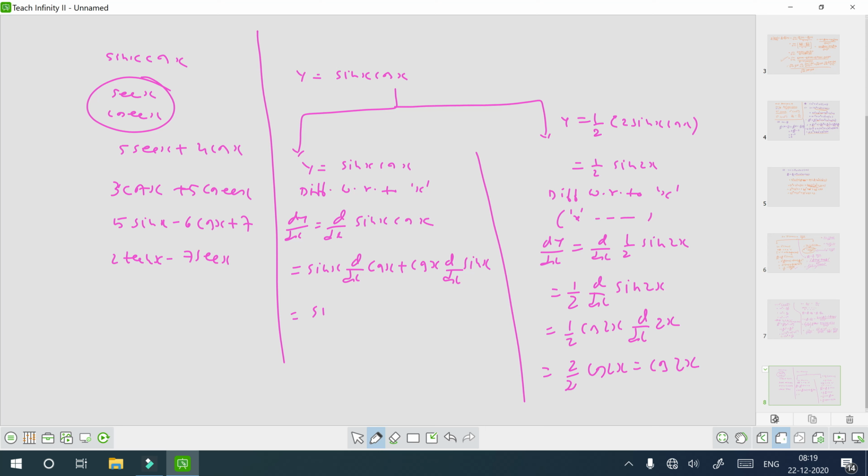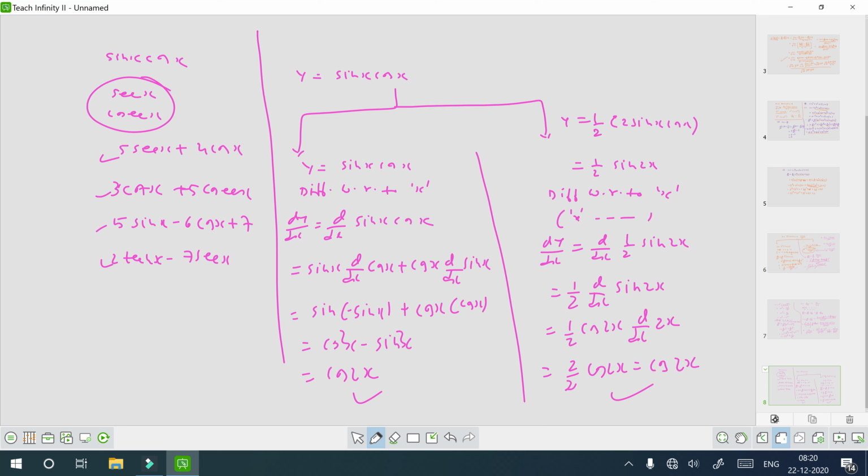Sin x as it is. What is derivative of cos x? Minus sin x. Plus cos x as it is. What is derivative of sin x? Cos x. That comes out cos square x minus sin square x. We know that is a standard form. That is equal to cos 2x. So both have the same answer. The trigonometric form went to, if possible, then simplify first of all, then differentiate it. Clear? Yes. Now try yourself. All are the standard forms.